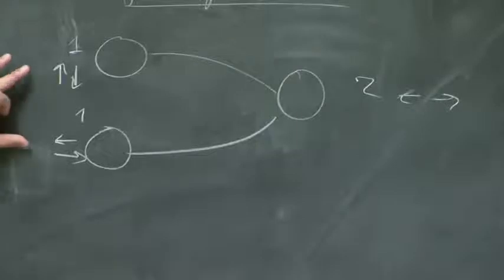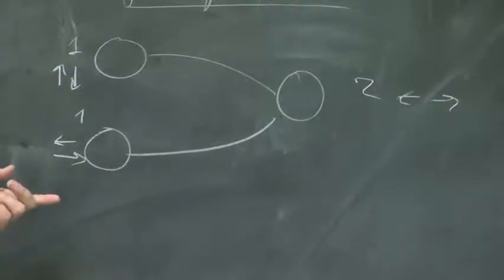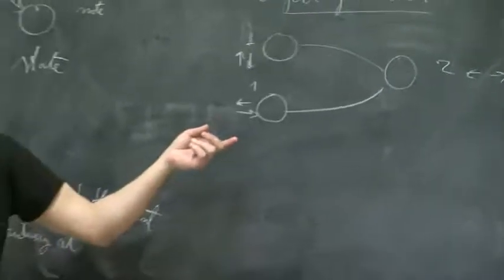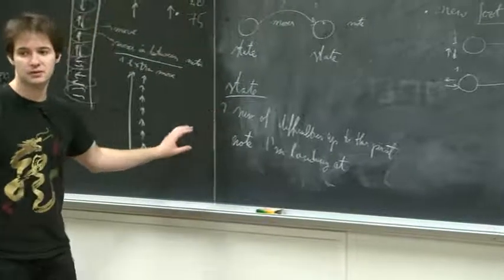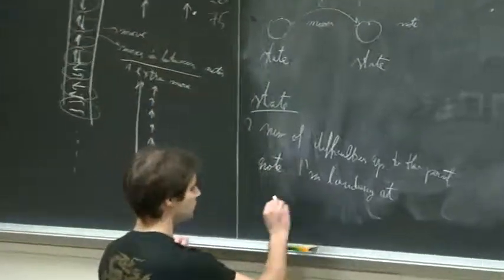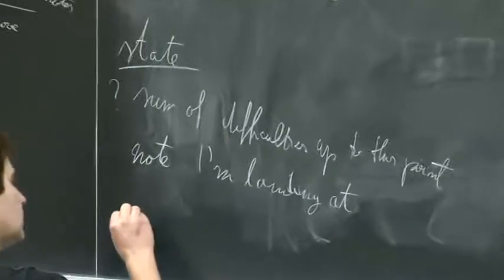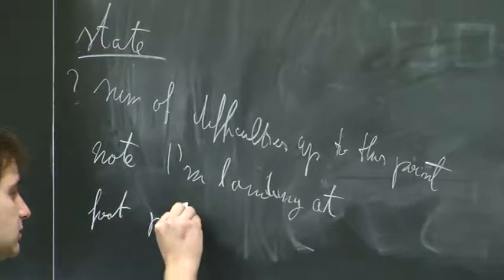I need to know where my foot position was to choose between these. If I don't know that, then I can't choose. That was not part of your state though? Not yet. It's not here, so it's not part of my state. We've been talking about it a lot, but we didn't put it here. So let's say the state is going to have the node that I'm landing at and my foot position after landing.